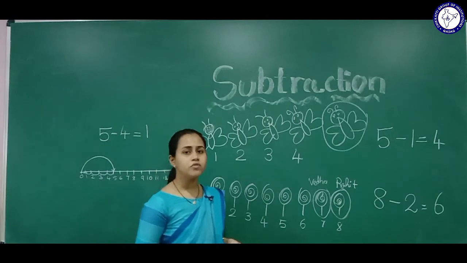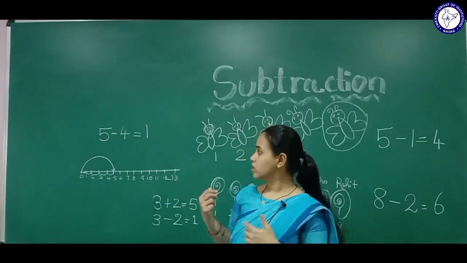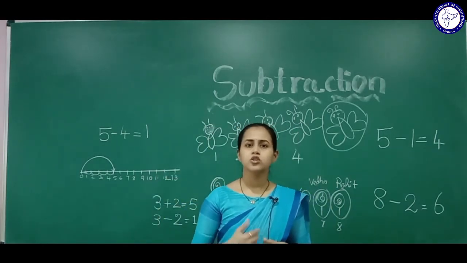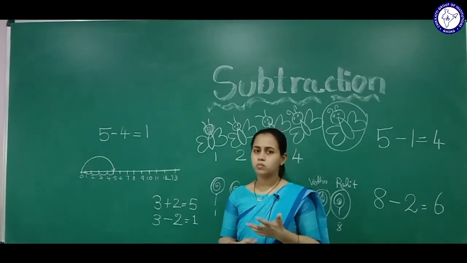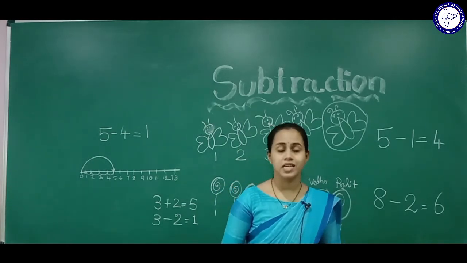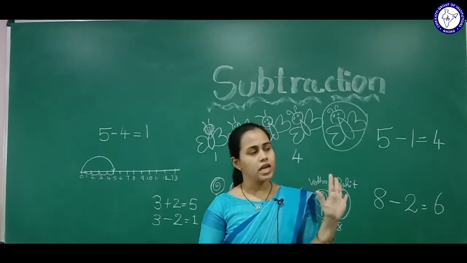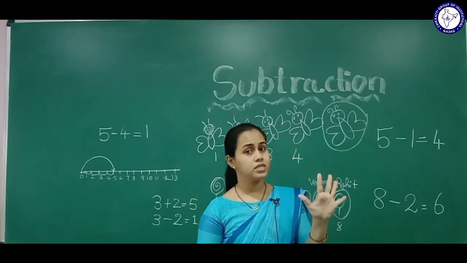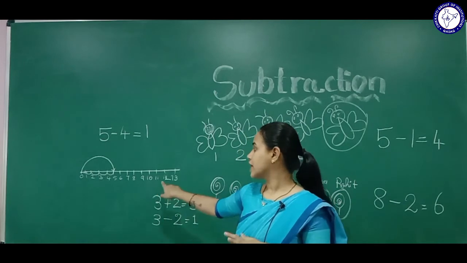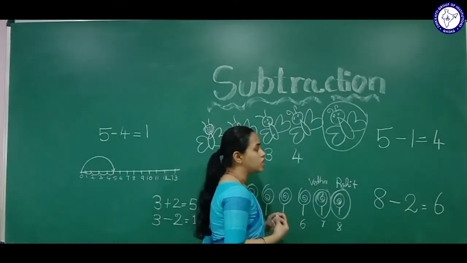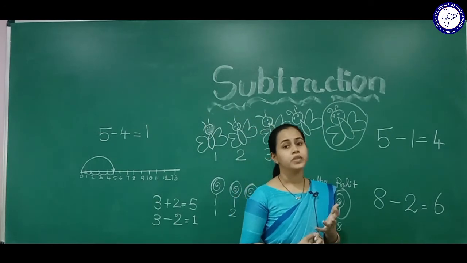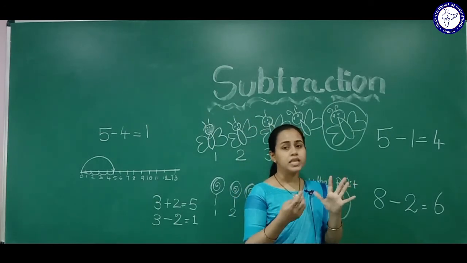So you have worksheets for subtraction. Right? So you try to solve. Tell your mother to give more exercises. Right? So you can calculate with your hands. Right? Like this. Right, or one more method I can tell you.